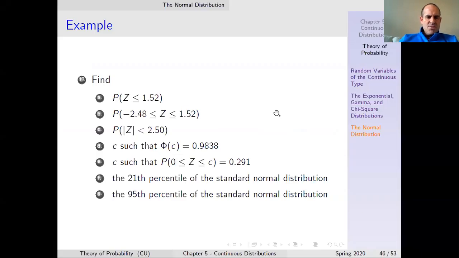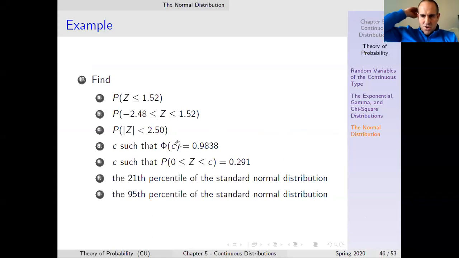Okay, find a C such that the CDF is equal to that. That's like a percentile rank. So I'm looking for basically the 98.38 percentile in this particular case. How can I do that?